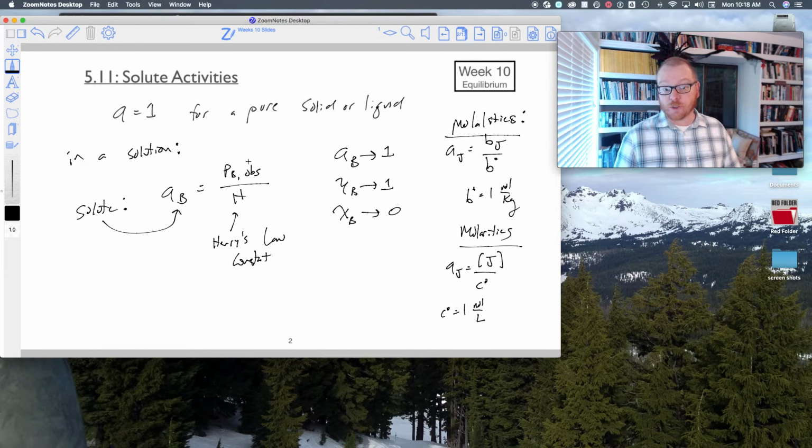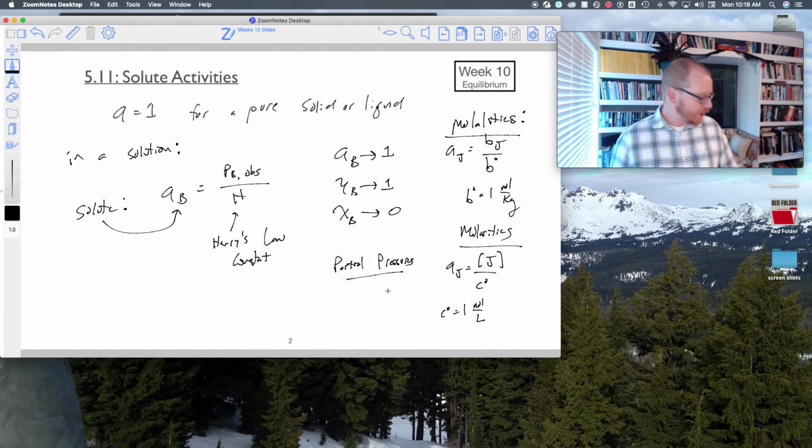And then in terms of partial pressures, it's the same as this. The activity is exactly like what we described before, except in terms of standard notation, it's the partial pressure of species J divided by standard pressure, where standard pressure is typically 1 bar.